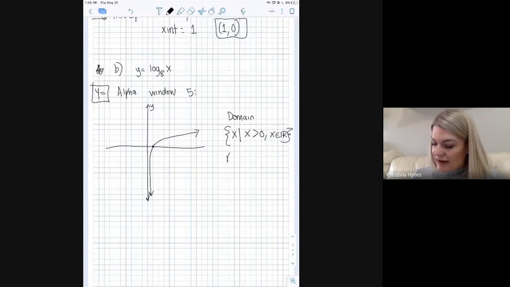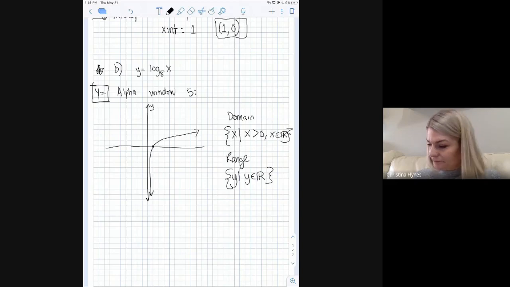And then our range, same as before, we would say y such that y is an element of the real numbers, same as the previous question as well. Then we have the coordinates of the intercept. We can say that the y-intercept, there is none because it shouldn't touch the y-axis. And then for the x-intercept, if you actually found it, it would still be equal to 1. So the coordinates are (1, 0).